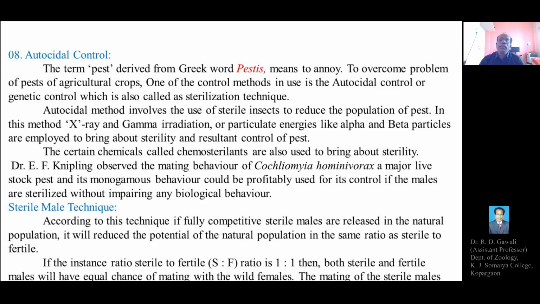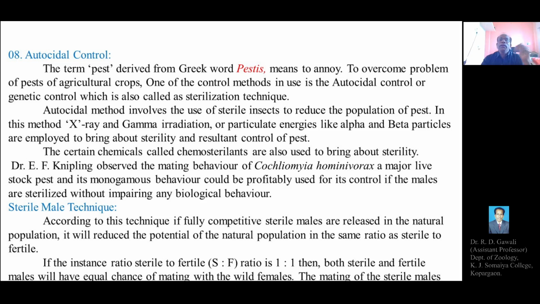Insects in a pest category can be treated in this way, which leads to sterility, and this will ultimately reduce the pest population by inhibiting the rate of fertile mating.